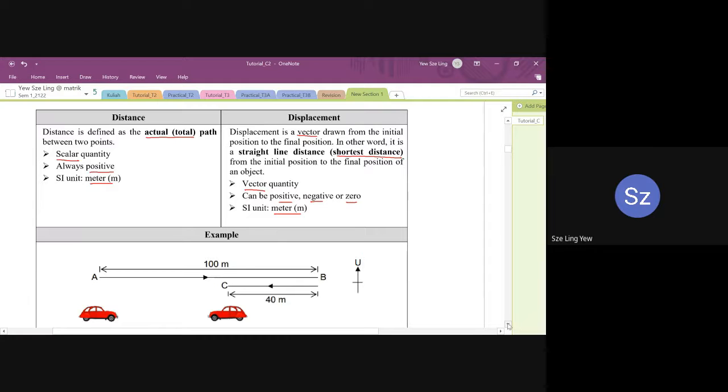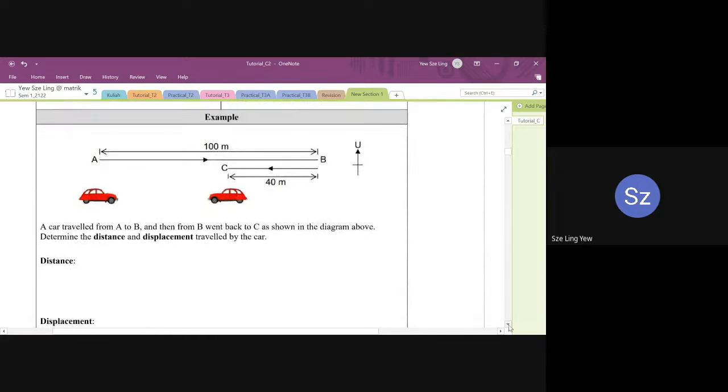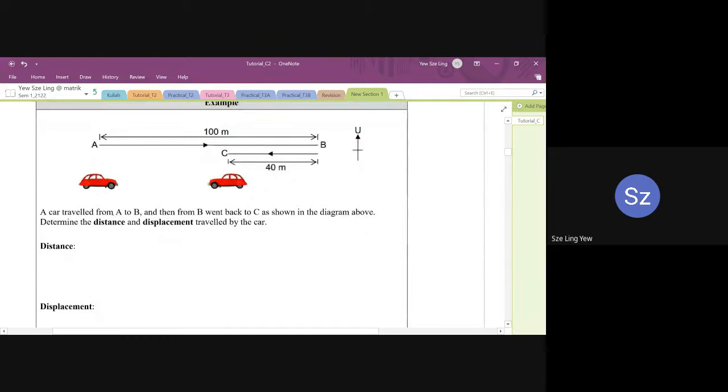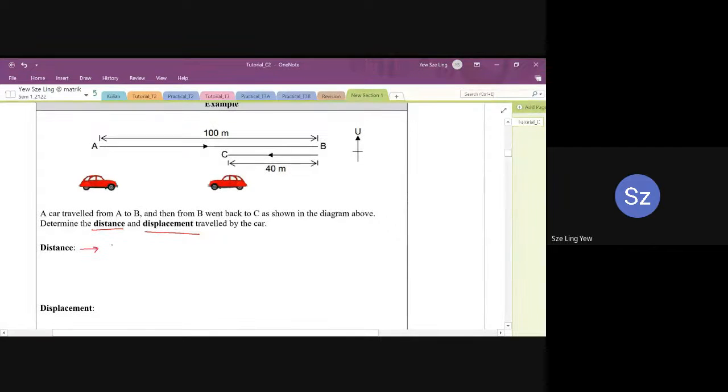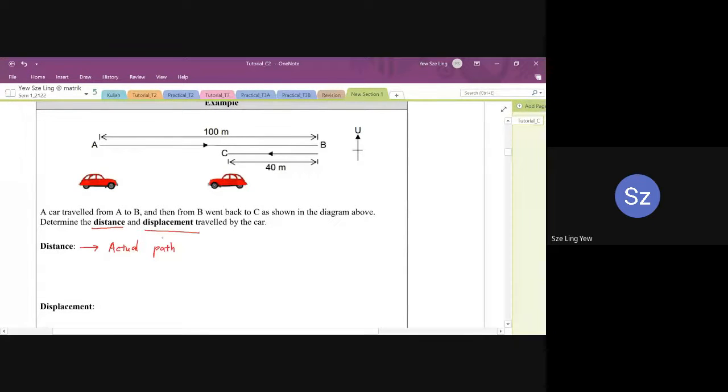Now let's look at this example. A car traveled from A to B, and then from B it went back to C, as shown in the diagram above. Determine the distance and the displacement traveled by the car. Distance, as we said, represents the actual path. So you have to add the path traveled by this car, regardless of its direction.